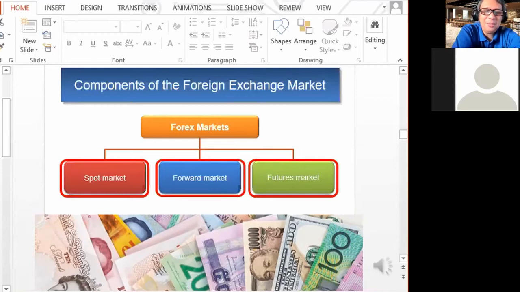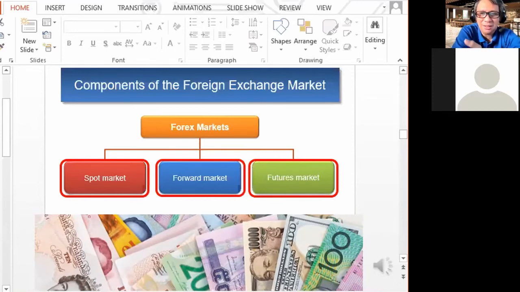For example, I am an exporter. Let me be the importer instead. I'm importing goods from the United States. So, if the current exchange rate is 40 pesos, I can agree on a future forward exchange rate.